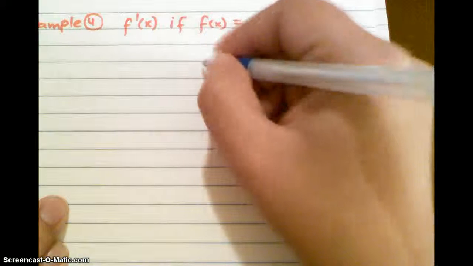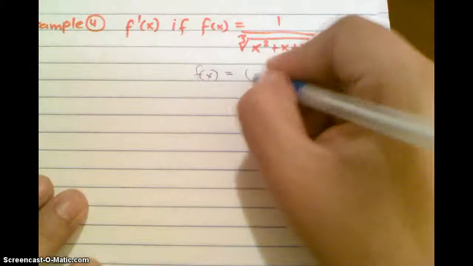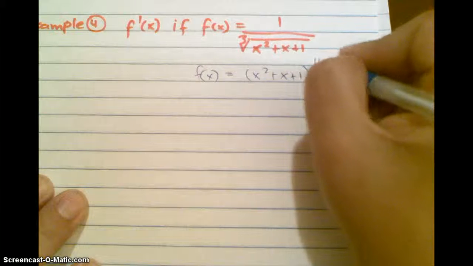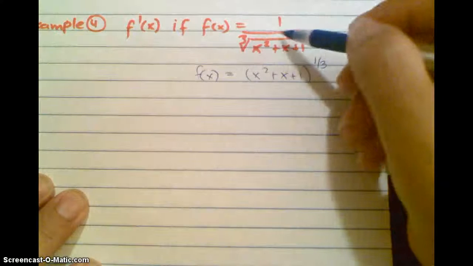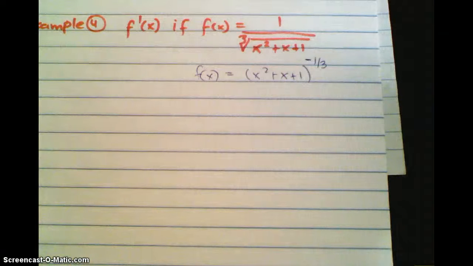So I'm going to rewrite f of x as x squared plus x plus 1 to the 1/3, but because it was on the denominator, it gets to have a negative sign. That means reciprocal. Okay, so now I'm ready to identify what's the inner and the outer function.